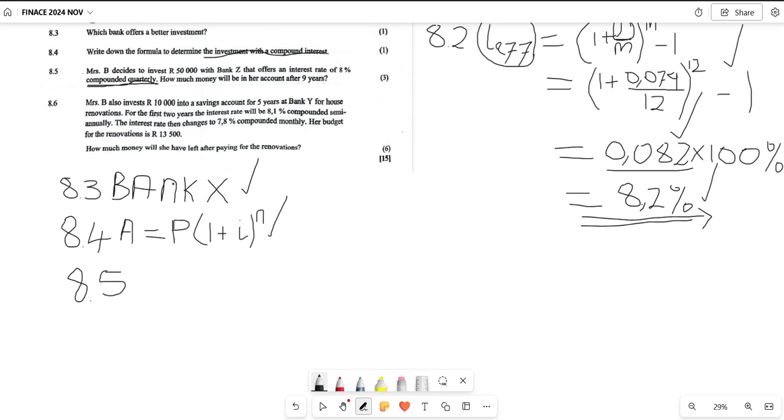The one that we have written in 8.4, we are going to rewrite the same formula that says A is equal to P in bracket 1 plus i, close bracket, all to the power of n. Now, what does each letter indicate here? Let's start with the P. The P under financial maths, we call it the principal amount.